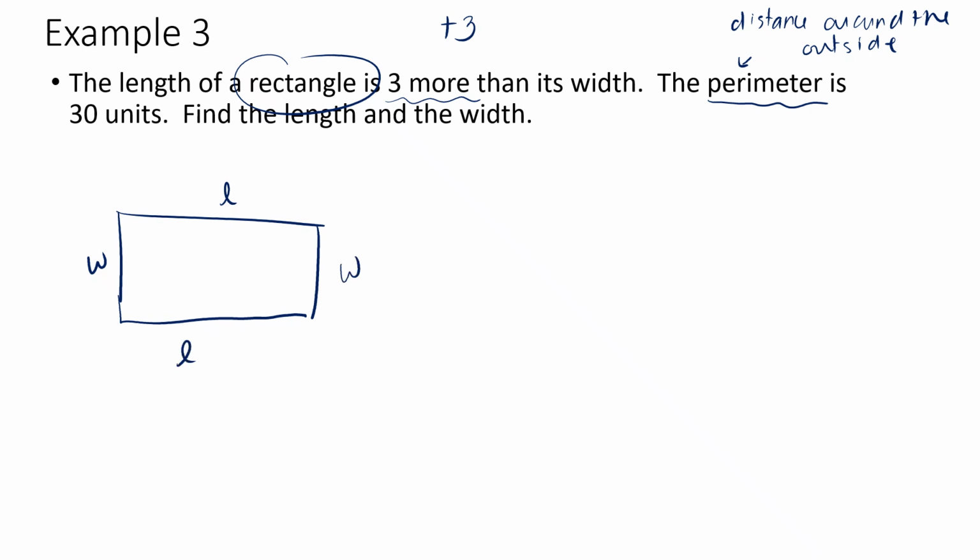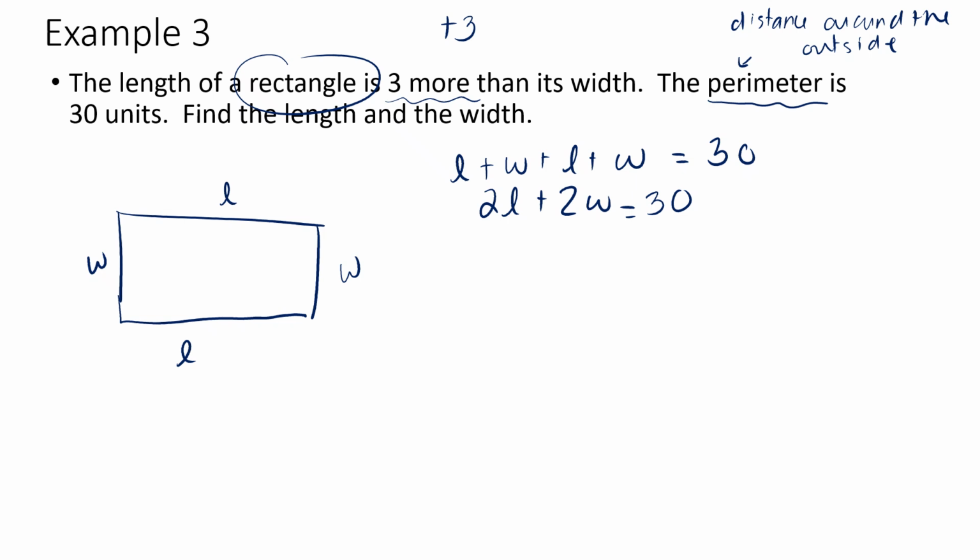The perimeter is 30 units. So if I have length plus width plus another length, so again, the distance around the outside, that's 30. A lot of times you'll see this as a formula where people will say L plus L is 2L and W plus W is 2W. And so there's our perimeter.